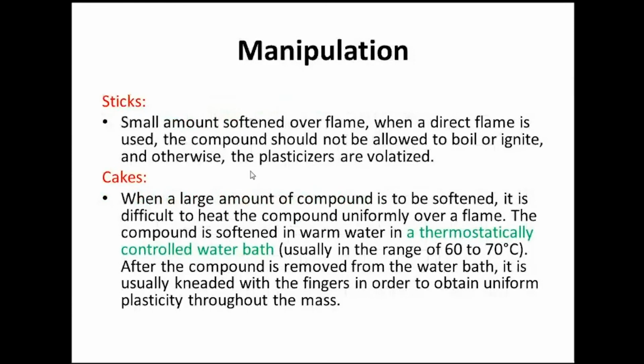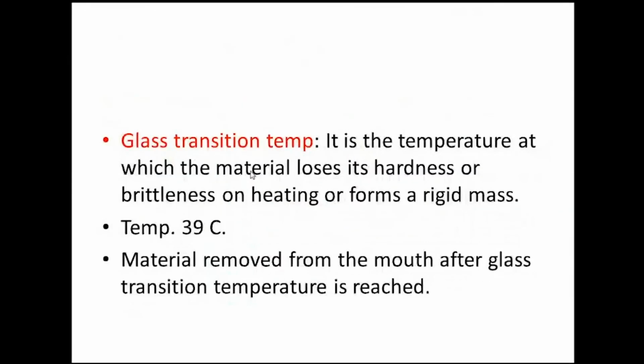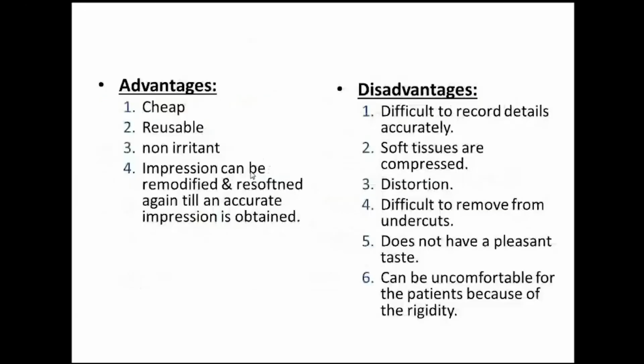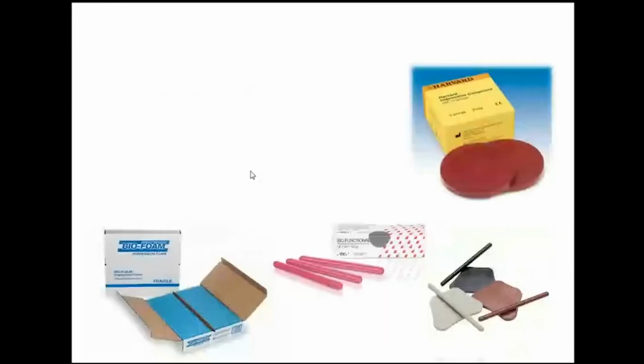You have two types of manipulation, either by the stick or the cake. The stick is like a pen. This is the stick. I will show you. The second one is the cake.